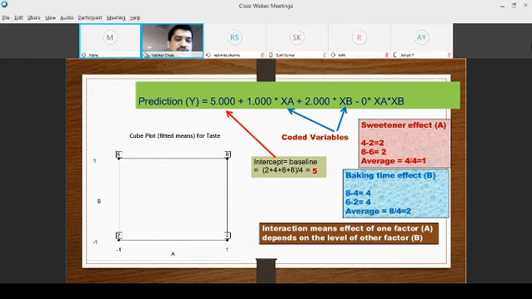That means we have 2, 4, 6, 8. How did we get this particular prediction, y equal to 5 plus 1 times xa plus 2 times xb and 0 times xa xb? Let us try to understand this, then incorporate the values in the software and see what commands need to be followed. We'll try to understand that.